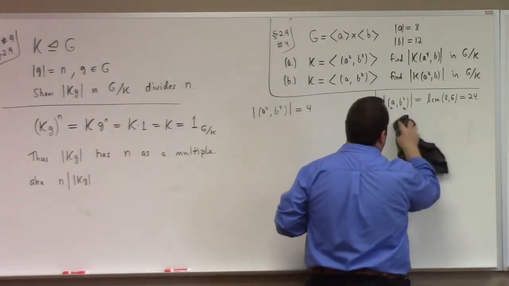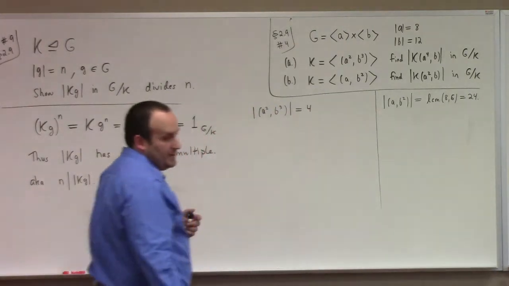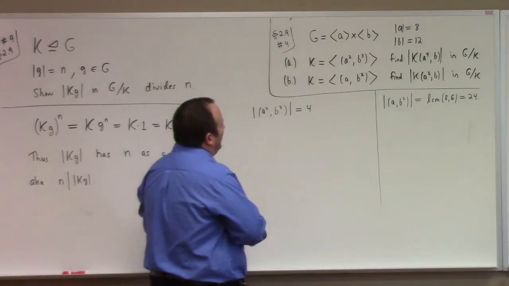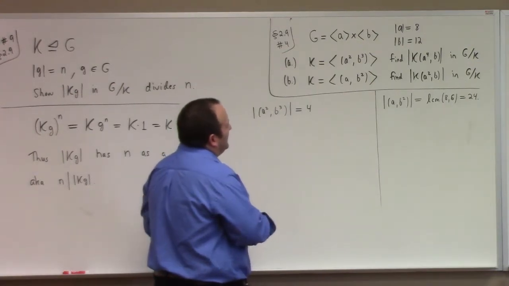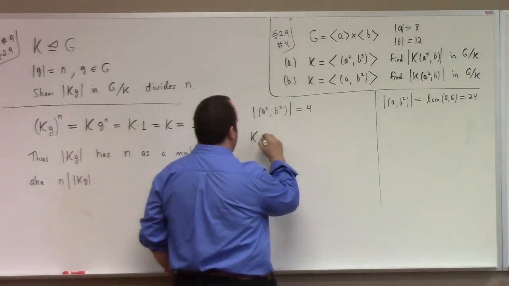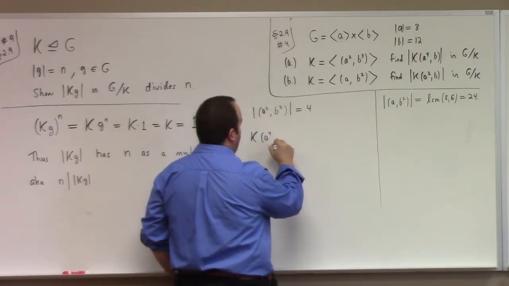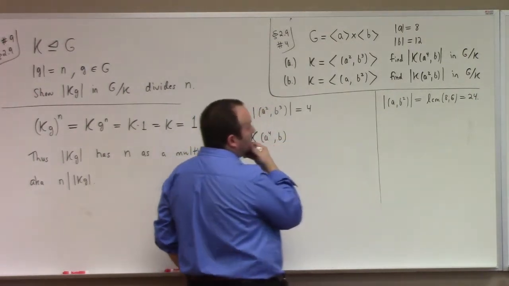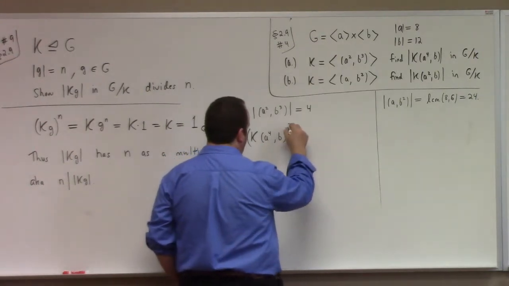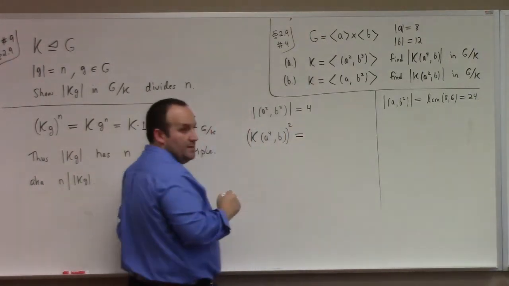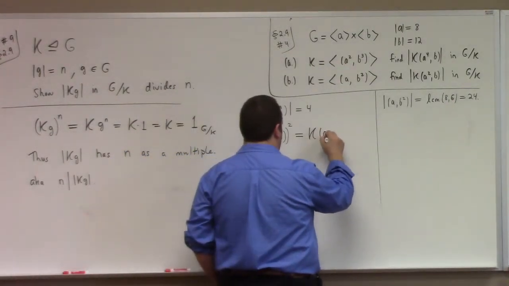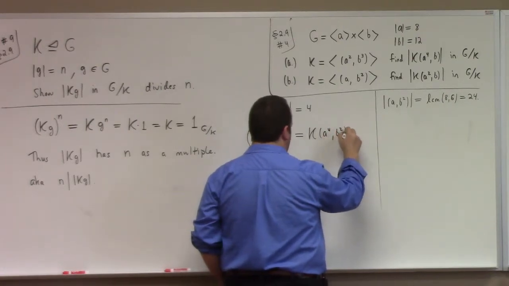So let's see, what next? What are we supposed to do? We're supposed to calculate the order. So I'm looking at K. I think it's just direct calculation, guys. So K a to the 4th b, right? And what happens if we square that? What it is, of course, is K a to the 8th b squared, right?